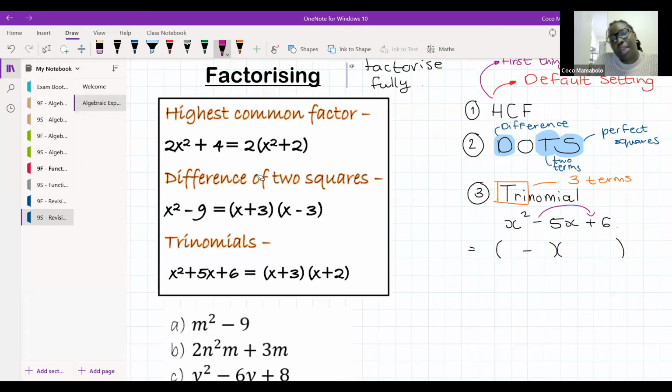A negative times what gives me a positive, guys? Tell me in the chat. It can't be positive. A negative times a negative gives a positive, which means the other bracket is going to have a negative. That's how we figure that out.